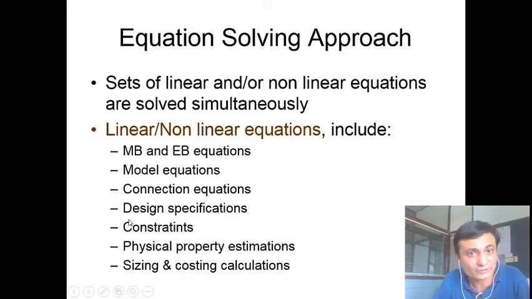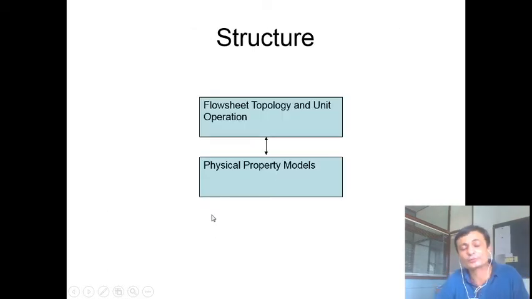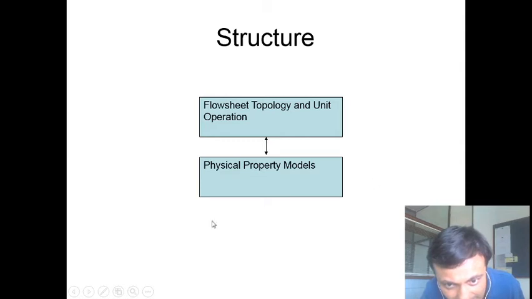So if I see the structure of the equation solving approach, you can see there is a big difference between modular mode and equation oriented mode. Flowsheet topology and unit operation are merged into one, because this will be represented only by equations, and it will be the user who will be providing this, and this will be accessing the physical property model. So these are already available in the simulator. You keep on accessing them to solve this.